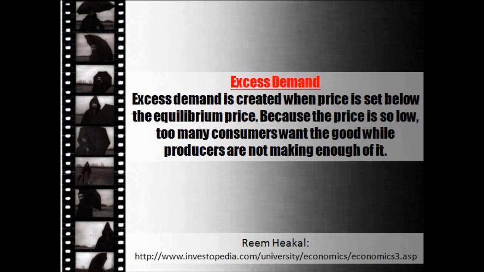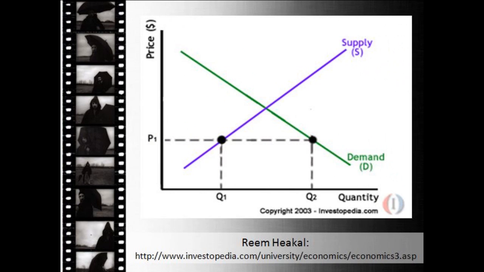Excess demand is created when price is set below the equilibrium price. Because the price is so low, too many consumers want the good while producers are not making enough of it. And this is a sample curve of excess demand.